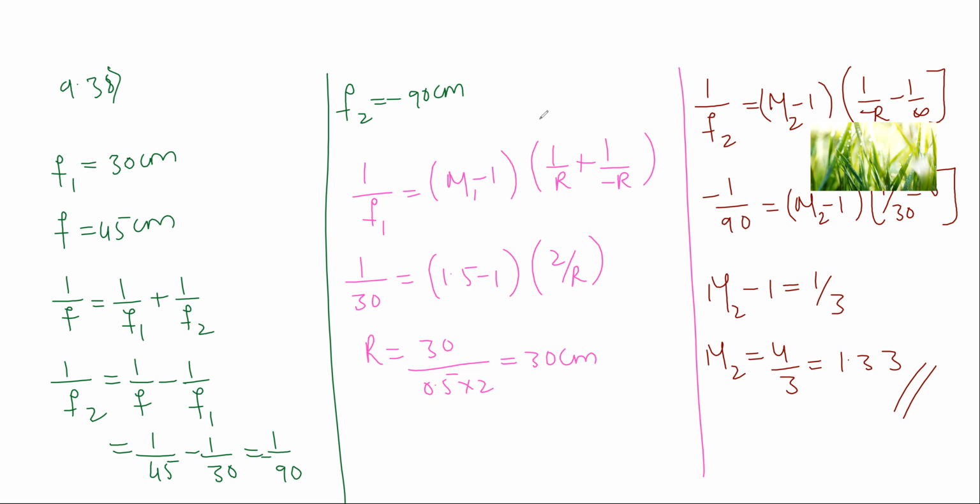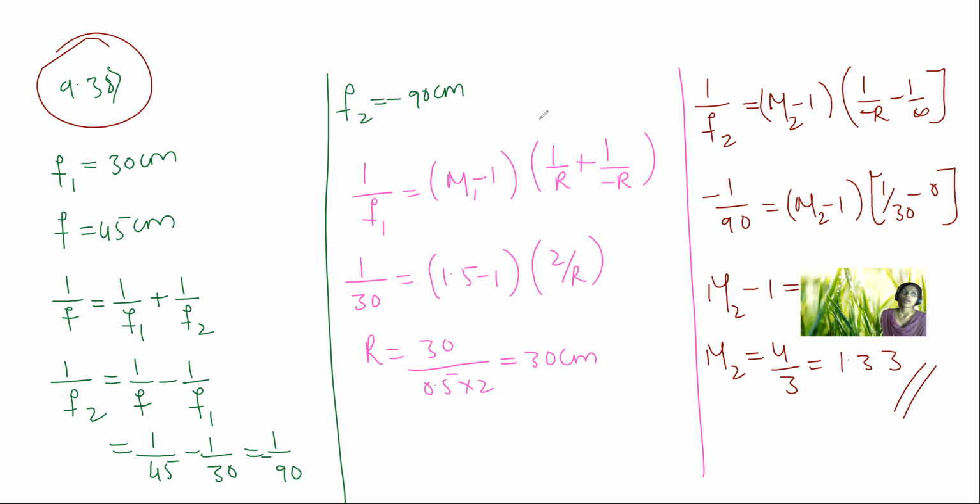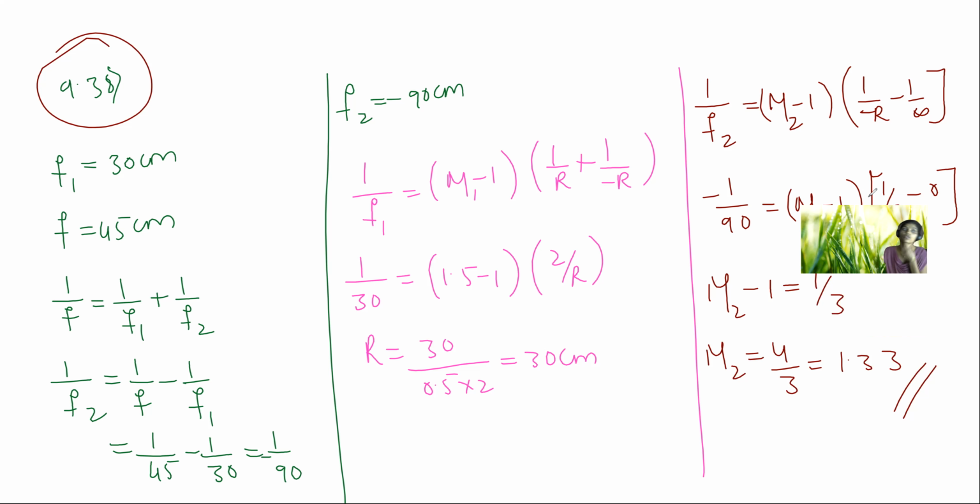So what did we do in 9.38? The f1 value and f value were given. By using the equivalent focal length formula we calculated the f2 value, 90 centimeter, and the r value from 1 by f1 is equal to mu1 minus 1 in the bracket 1 by r plus 1 by r dash. The r value we calculated is 30 centimeter, and using the f2 value, 1 by f2 is equal to mu2 minus 1 in the bracket 1 by minus r minus 1 by infinity, we calculated the mu2 value as 1.33.